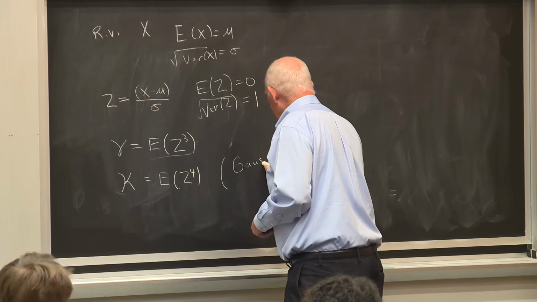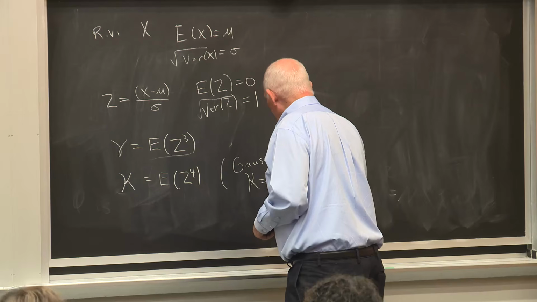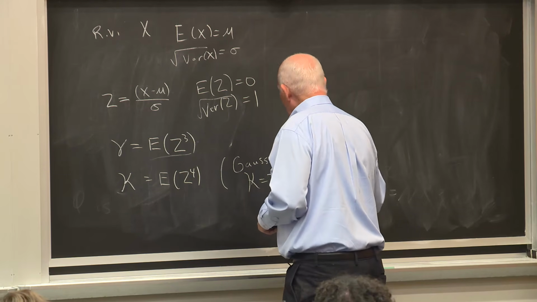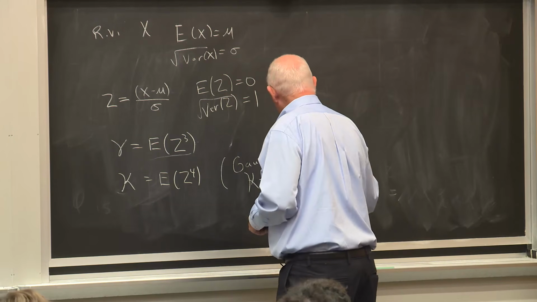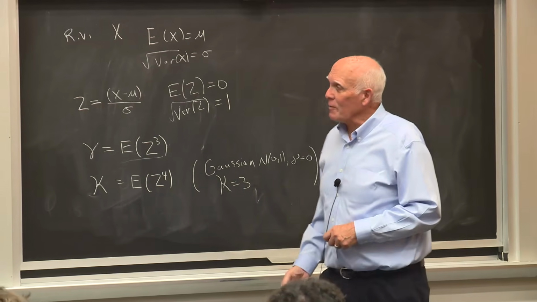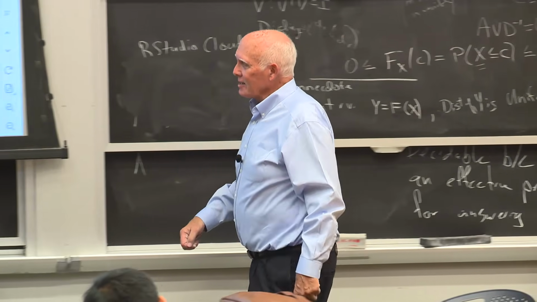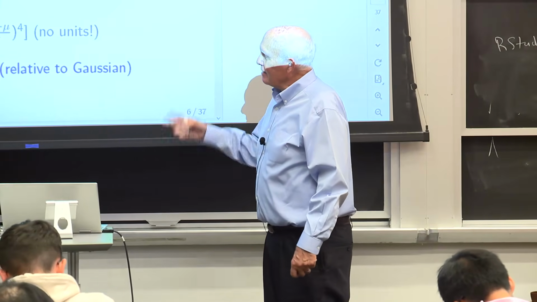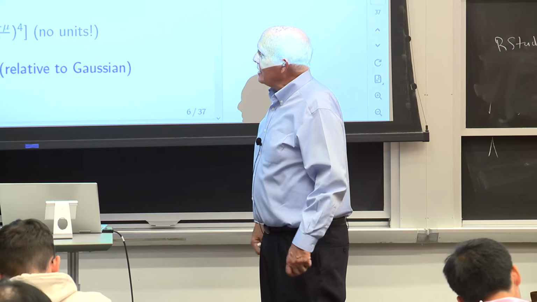For a Gaussian distribution, normal 0, 1, or any normal, kappa is equal to 3, and gamma is equal to 0. So these other parameters are useful for characterizing distributions that are non-Gaussian, in terms of perhaps skewness or heavier tails.